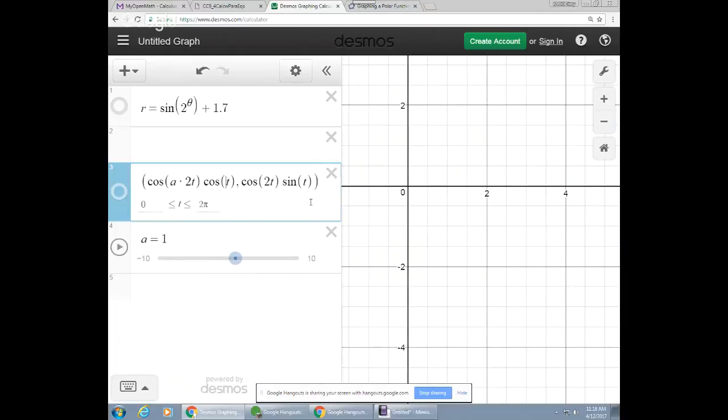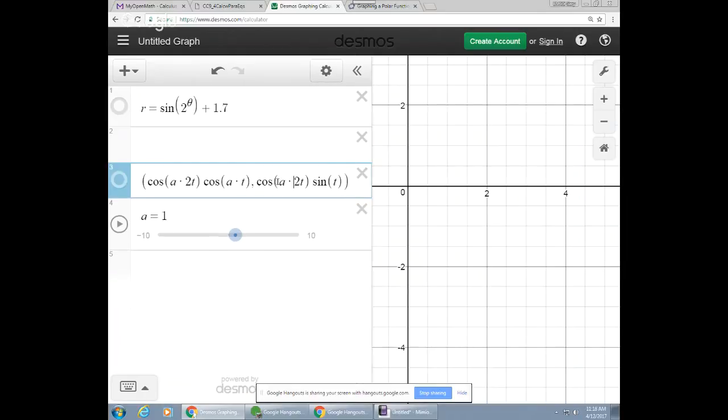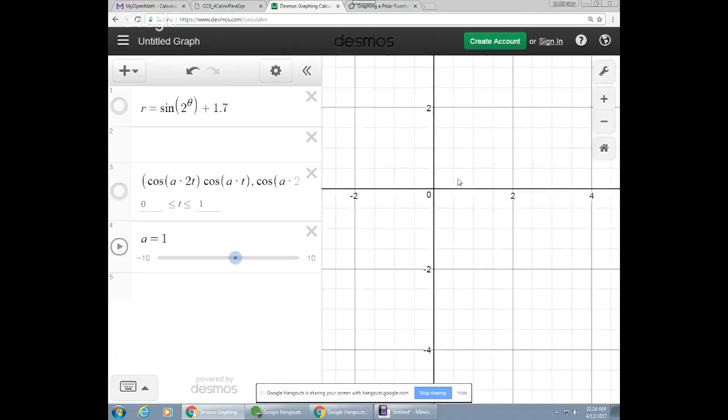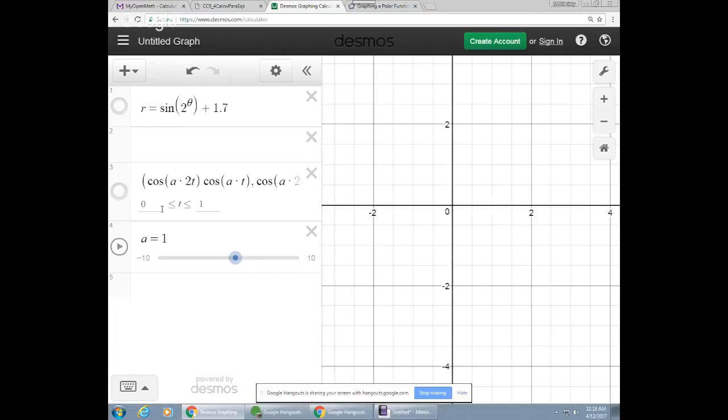Okay, so the trick with parameters and sliders is you have to multiply the slider in everywhere you have a T. And then you let T only go up to 1, then the slider gets to control the action. Pretty sure I did that right. So right now my slider, oh, I didn't turn it on.